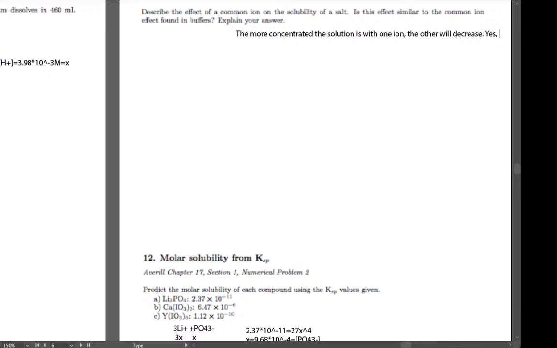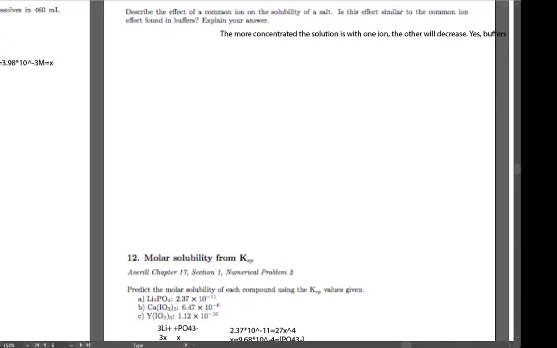Yes, because buffers use this fact. Is this effect similar to, also yes?